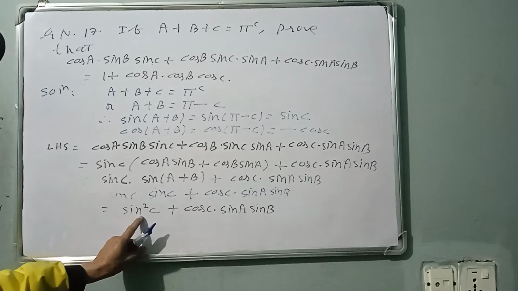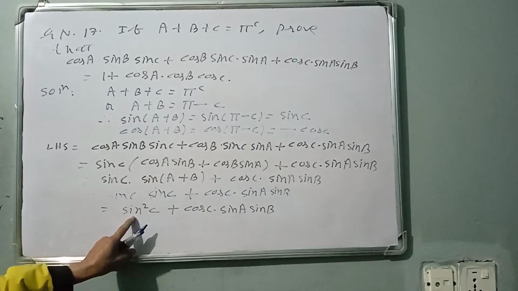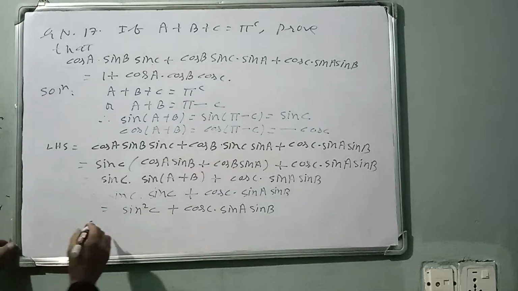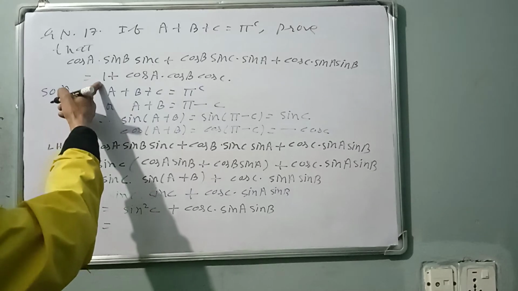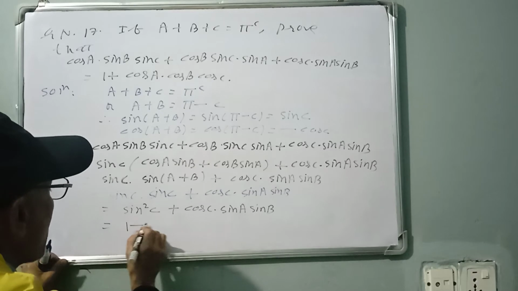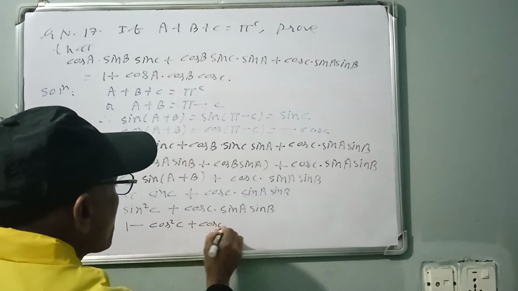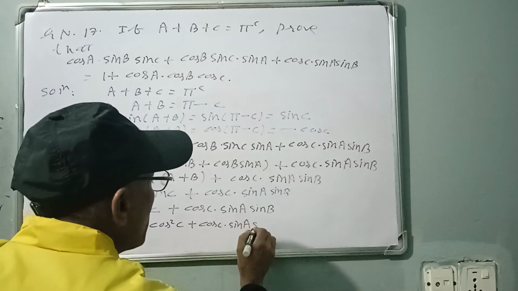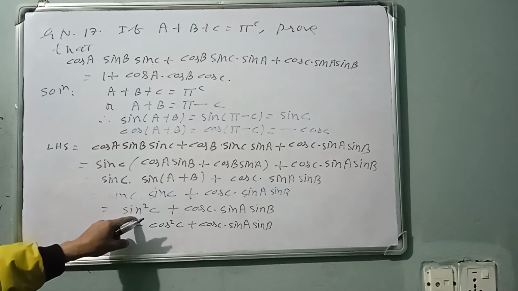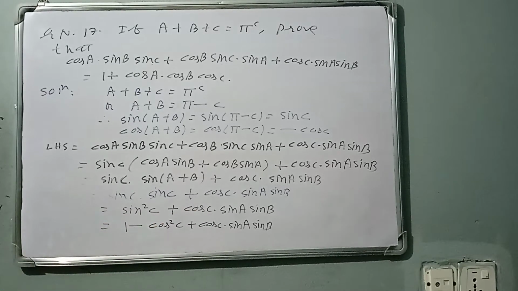Now here there is no cos C, but here there is cos C in the RHS, and we have sin square C. Many students are confused here. To avoid confusion, what is to prove? We have to bring 1. So sin square C is 1 minus cos square C, plus cos C into sin A sin B. See, change sin square C into 1 minus cos square C, so that we can take cos C common.